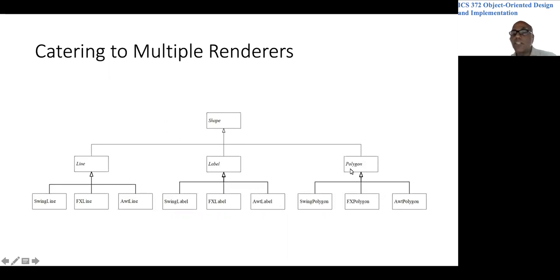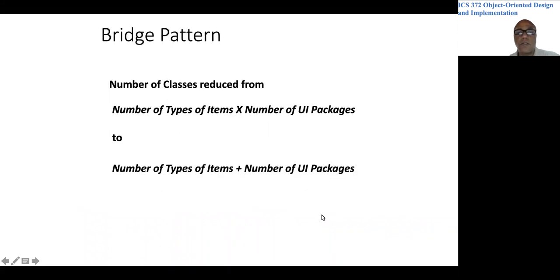So for every shape, we will have X number of subclasses, one for each of the X technologies. This is a large number of classes. So the number of classes would be the number of types of items times the number of different types of user interface packages. We would like to reduce this to a much smaller number.